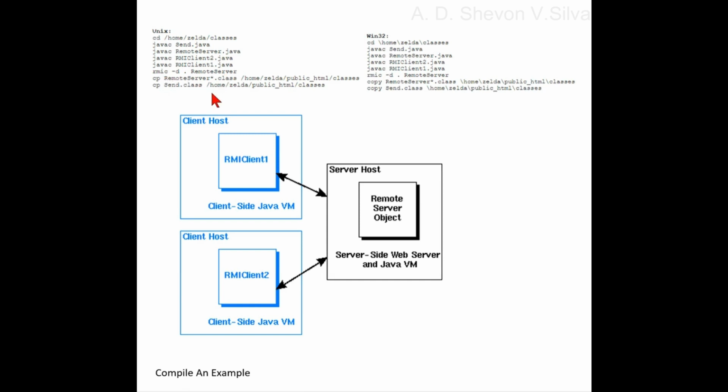The first copy command moves the remote server class file with its associated skeleton and its stub class files to a publicly accessible location, the home Zelda public_html classes directory, which is on the server machine, so they can be publicly accessed and downloaded.